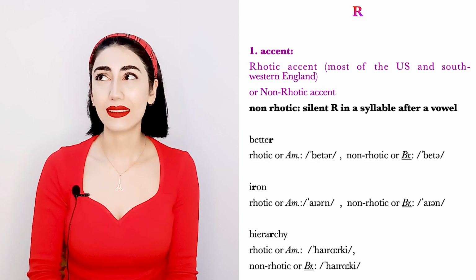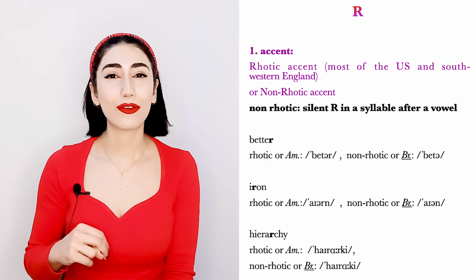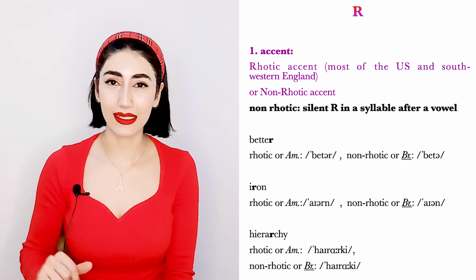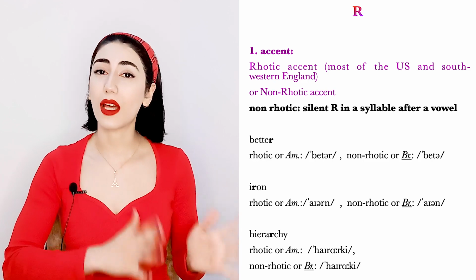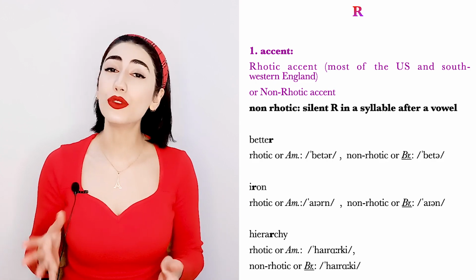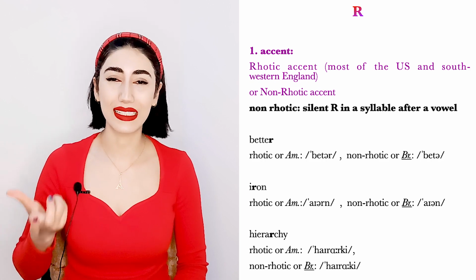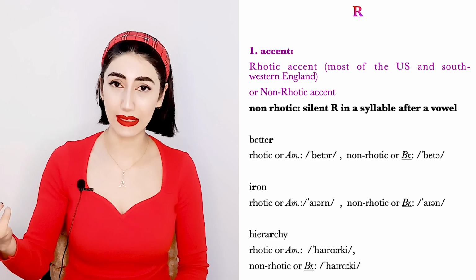Talking about accent, there are 2 kinds of tendencies for English accents, rhotic and non-rhotic accents. In rhotic accent, you do like R sound and you would say R when you see it in a word.